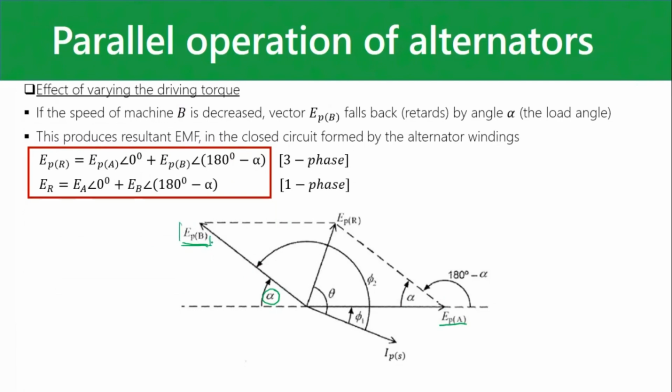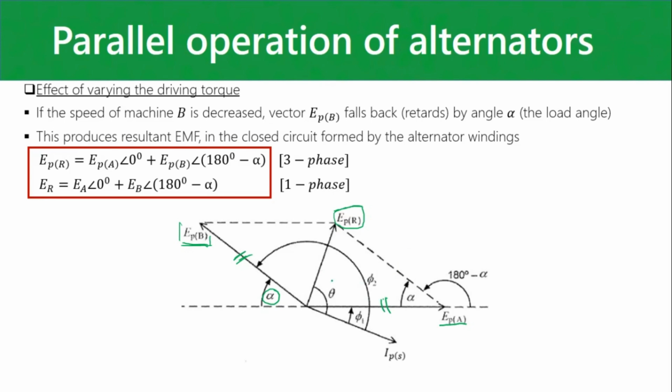Now, if you add EPA and EPB in this case, you do get a resultant voltage between them. So you haven't changed the magnitude. This magnitude is the same as this magnitude. Just by changing the angle of that phasor, you get a resultant voltage between the two alternators.